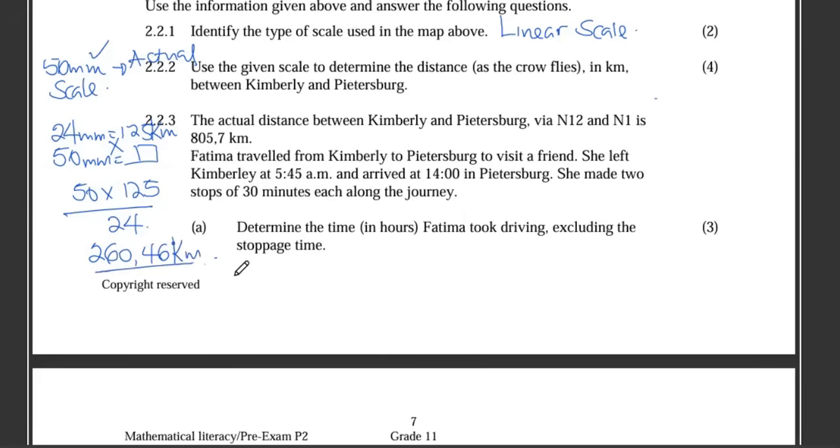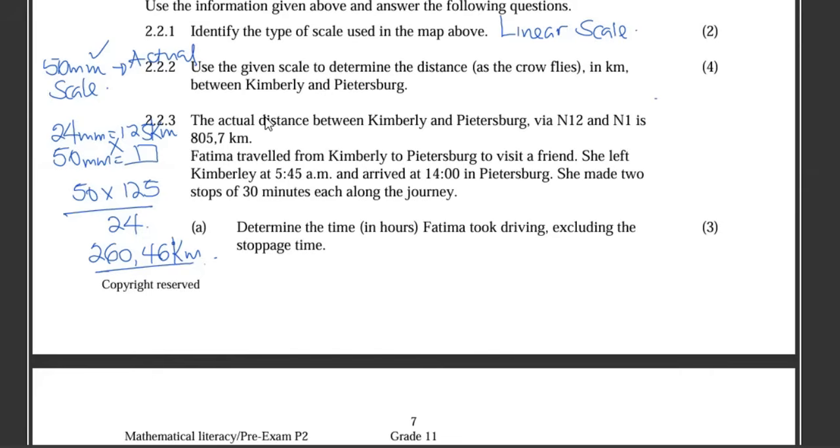Okay, 4 marks. Anyway, the actual distance between Kimberley and Pietermaritzburg via N12 and N1 is 805.7 kilometers.